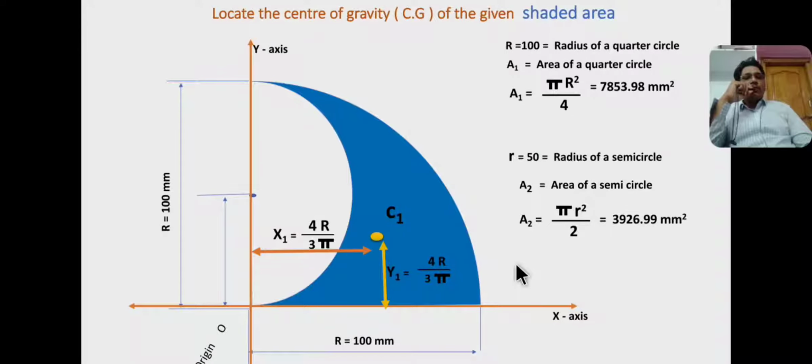Similarly, C2 is the centroid of a semicircle at a distance of 4r by 3 pi from y-axis and at a distance of r from x-axis. Here, because the given semicircle is symmetric about this line, y2 equals the radius of a semicircle, that is 50 mm.